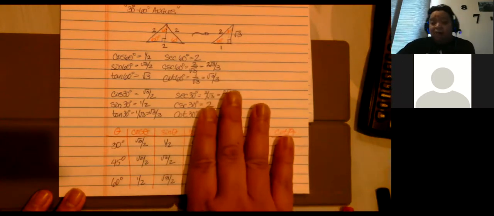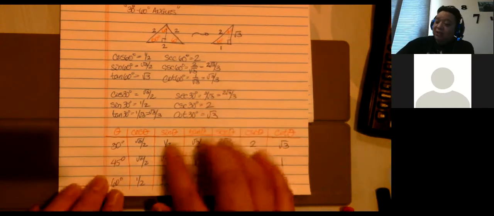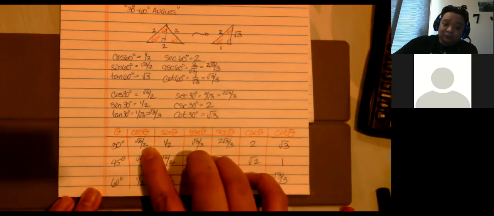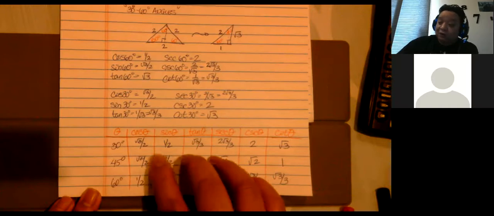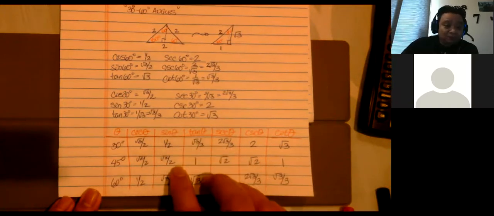Again, our focus for now is just cosine and sine. If you look at cosine and sine, the one thing they all have in common is everything is over 2. You look at it, it's radical 3 over 2, radical 2 over 2, and then 1 over 2. So everything is over 2.